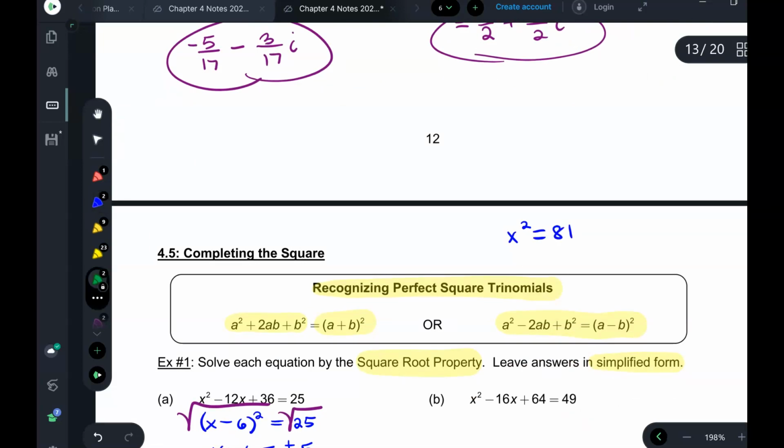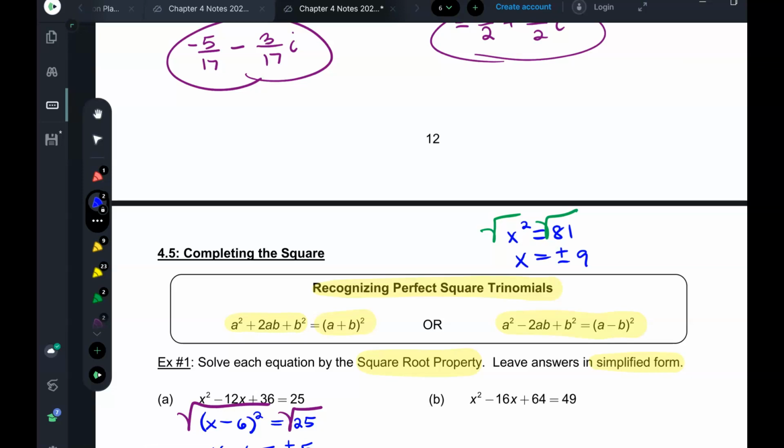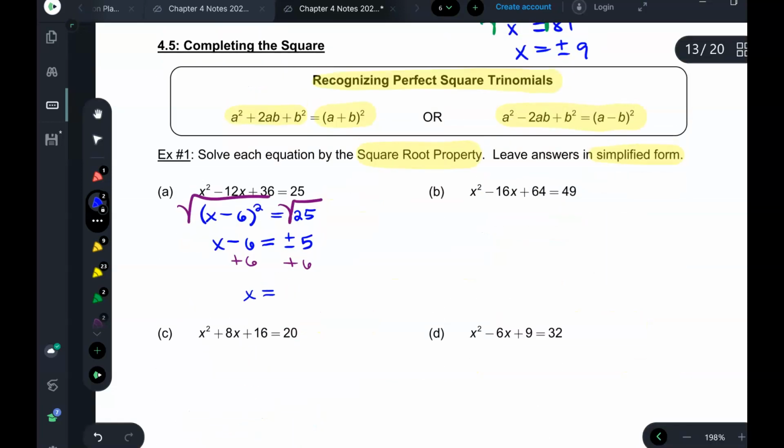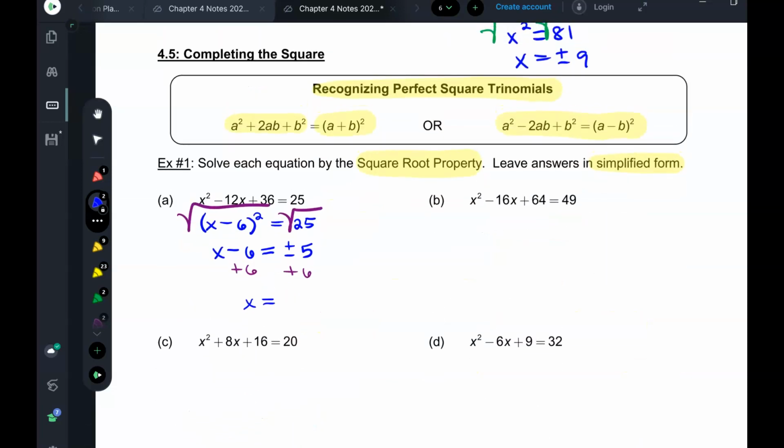When I take the square root of that, I have 2 answers. I could have plus or minus 9. What happens when I square positive 9? I get 81. What if I square negative 9? I also get 81. So my 2 answers, if it's positive 5 plus 6, that would be 11. And if it's negative 5 plus 6, not negative 1, but positive 1.